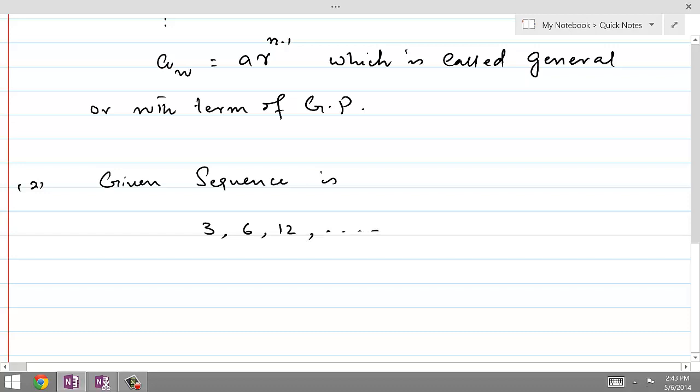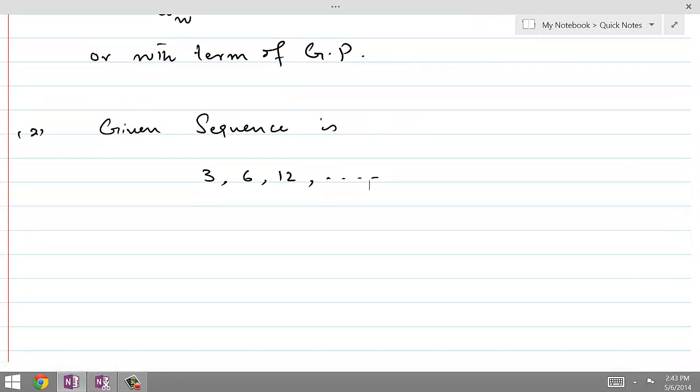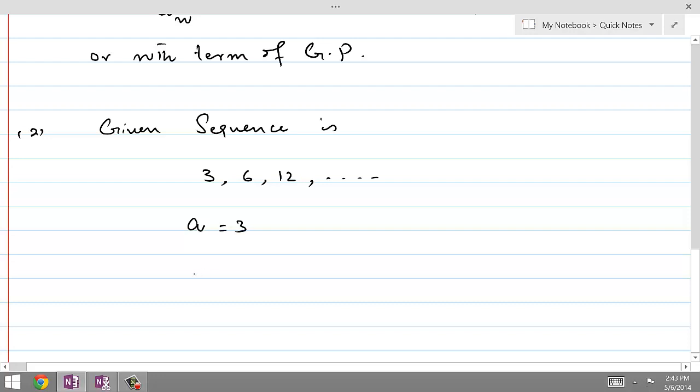Now here we can identify the first term. The first term is 3, so A is equal to 3, and the common ratio R can be obtained whenever we divide any term by the term before it. So 6 divided by 3 gives us the common ratio, and that is equal to 2.